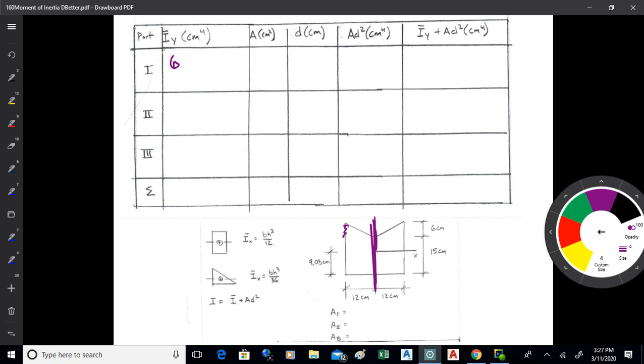The height is now perpendicular to the axis, so that's 12 cubed, and then over 36. So that's 6 times 12 cubed over 36. When we did about the x-axis, it was 12 times 6 cubed over 36. We're going about the y-axis, so it's 6 times 12 cubed over 36, which I think is 288, be my guess.